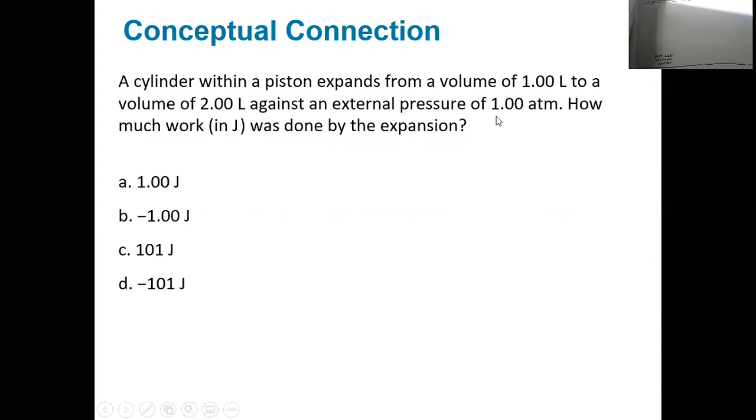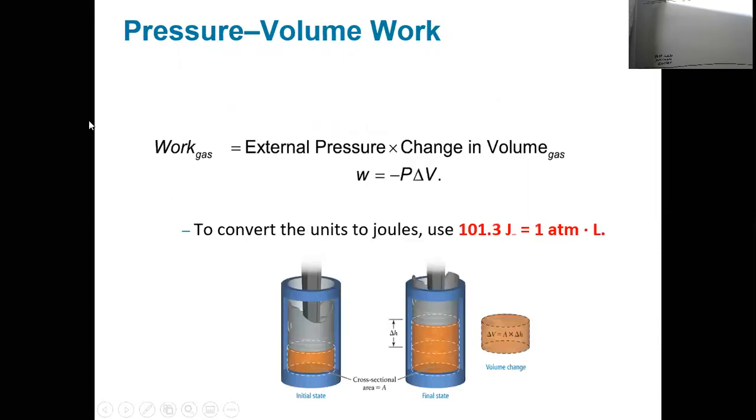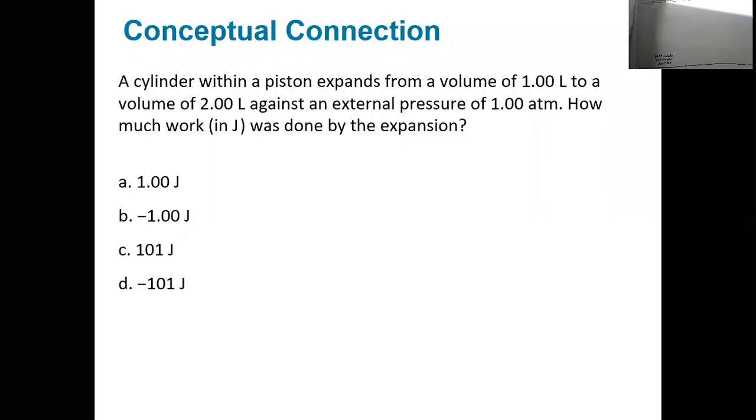So you end up with negative 1 liters times atmospheres. So now we have to take that value, negative 1 liters times atmospheres, and multiply it by 101.3 joules, right? That's our conversion right there. When we do that, we get a work value of negative 101 joules. Okay?